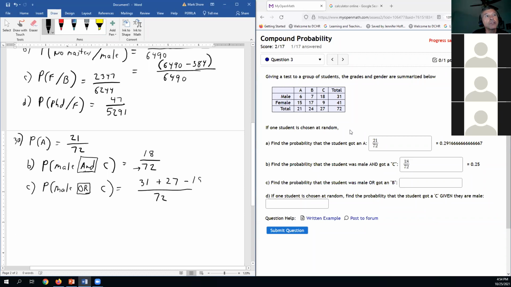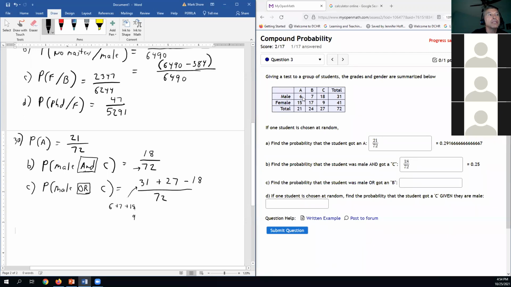Now, let me show you that on this picture up here on this graph. So we count up all the males. That was the 6. What made up this 31 people here? See, the 31 people right there was made up of the 6, the 7, and the 18. What made up the 27 people that got the C's? Well, that was the 18 and the 9.